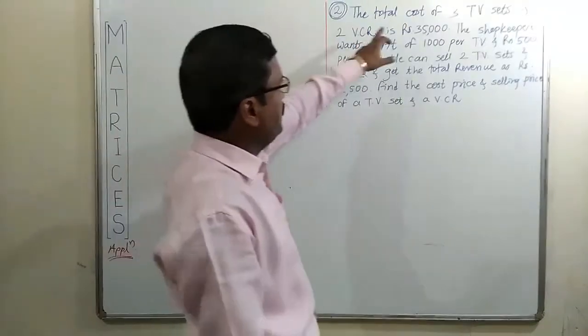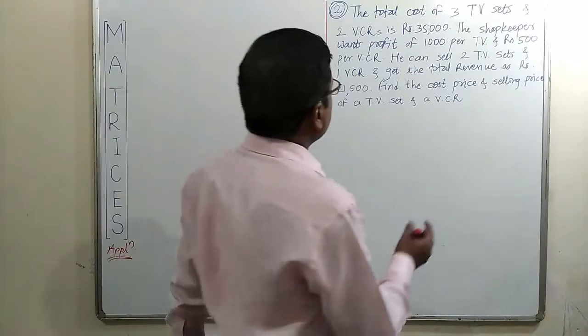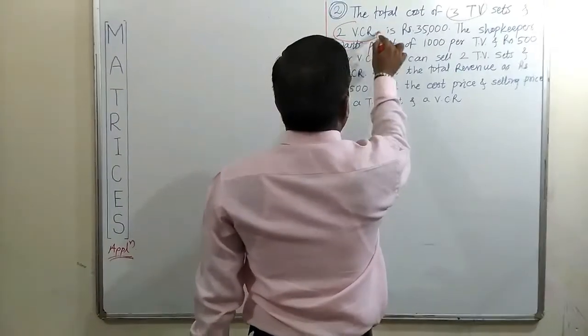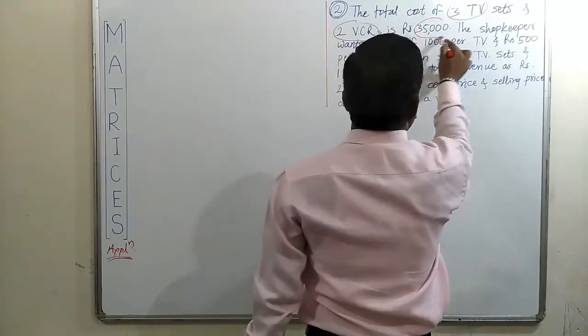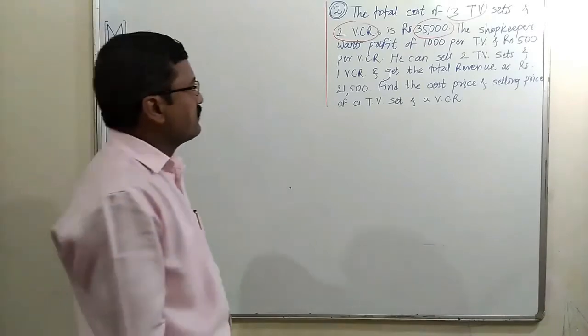The total cost of 3 TV sets and 2 VCRs is rupees 35,000. Here, the cost of 3 TVs and 2 VCRs is given as 35,000. That is the first statement given.